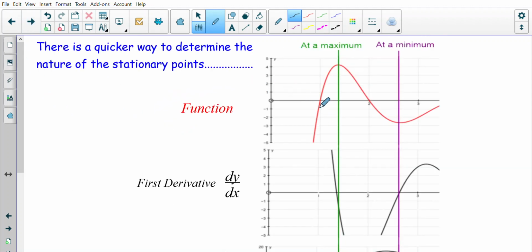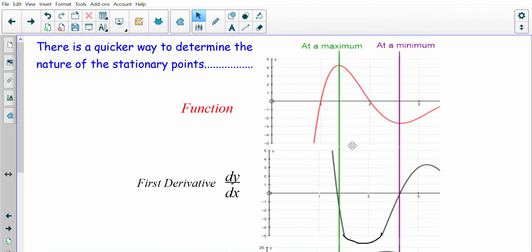If we have a look at this red curve here, this is my original function. If I found the first derivative dy by dx and I plotted that, so I plotted the gradient function, that's this curve here. What we can see is that at the maximum and at the minimum point the gradient function is 0.